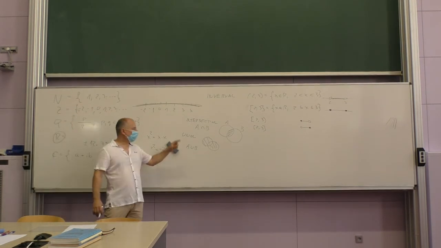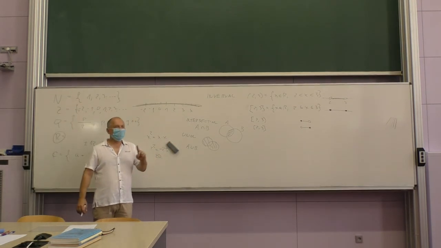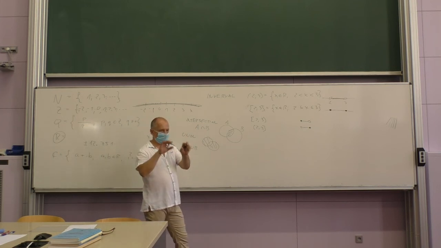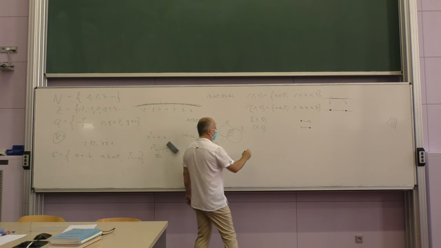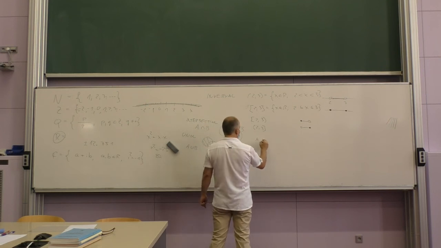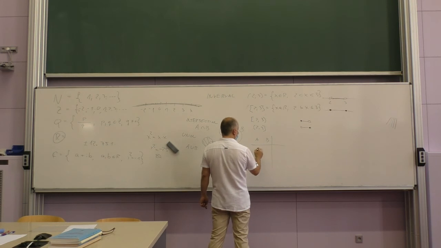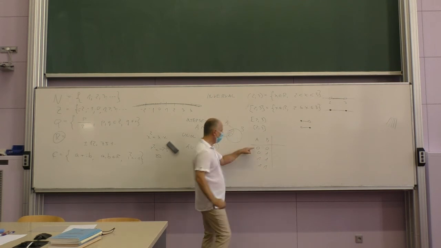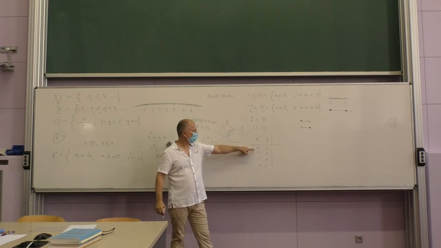These two operations between sets correspond to a similar operation between statements, between propositions, between sentences. We can have a sentence A and sentence B, each of which may be either false or true. 0 means false.